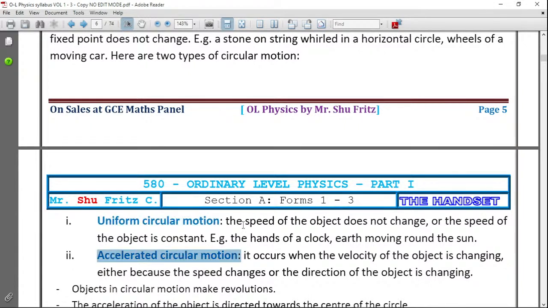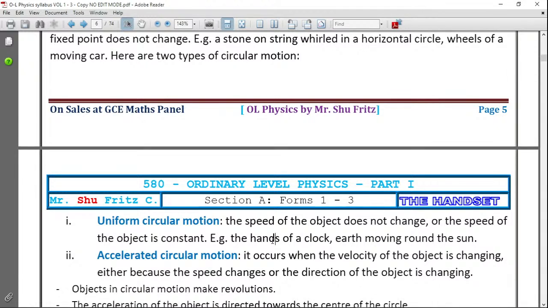For uniform, just like previously, the speed of the object does not change, or the speed of the object is constant. A very good example of this is the hands of a clock. For example, the second hand just clicks only after every second. So the speed is constant, so it's undergoing uniform circular motion.